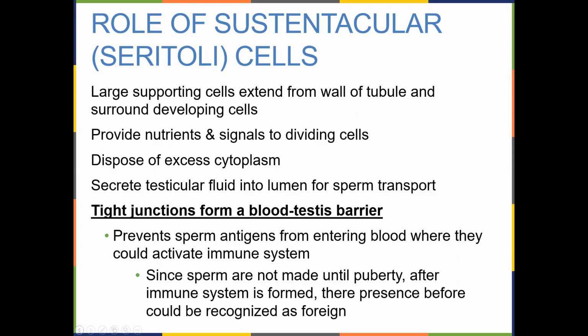As far as the T cells are concerned, sperm cells are foreign because the antigens weren't there when the T cells were becoming immunocompetent, capable of recognizing our own antigens.